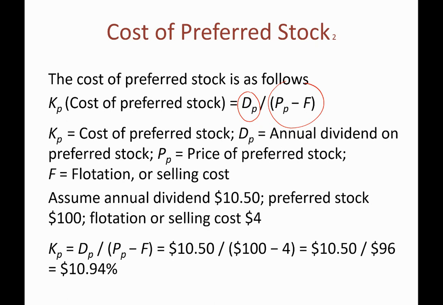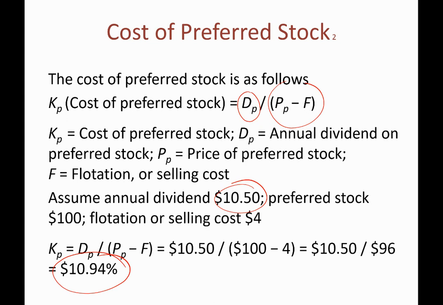To determine the required rate of return, which is the cost of capital on the preferred stock, you just take the dividend paid out, which is 10.50, and divide it by the selling price less the flotation cost, 100 minus 4, and therefore this gives you 10.94%. This is the number that we are using to determine the price.